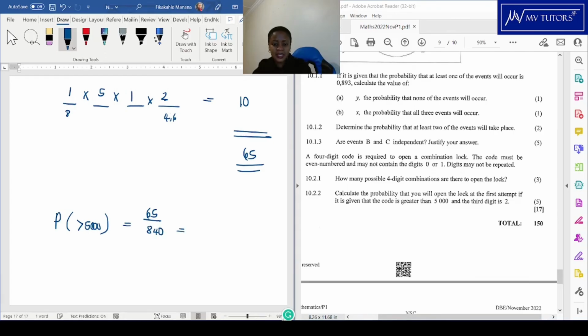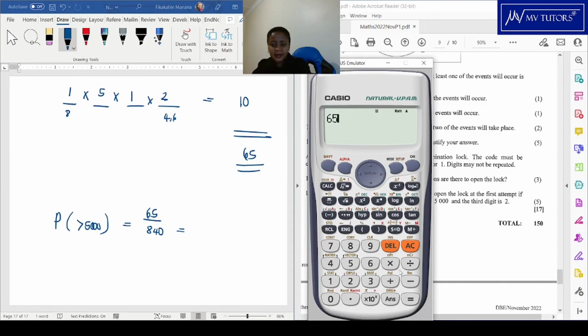So the probability would be 65 divided by 840, and that's basically 0,077 or 0,08, or maybe you would have used the fraction, which is 13 over 168.